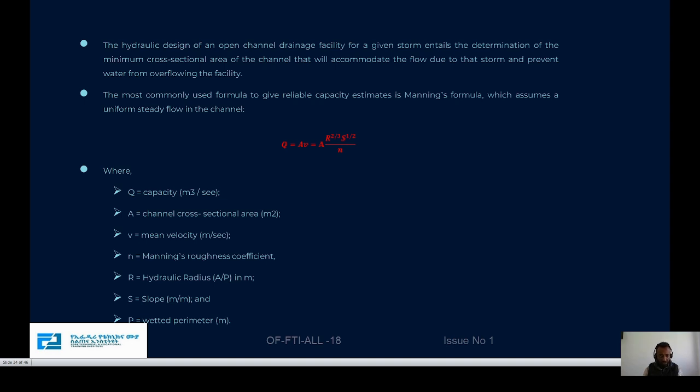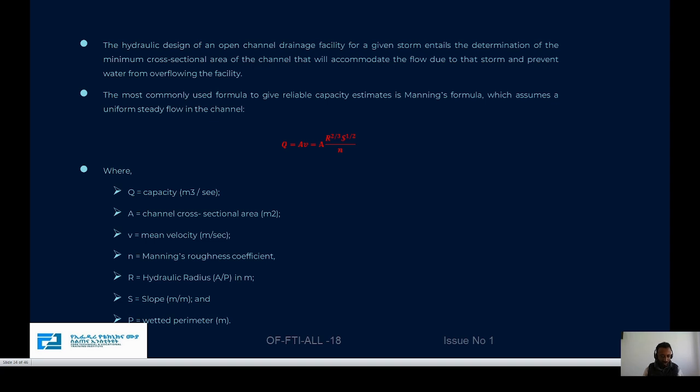For the hydraulic design of open channels, we first calculate the discharge. The discharge is Q equals A times V. A means the cross-sectional area; there are, for example, trapezoidal, rectangular, and circular types of open channels. This is multiplied by the mean velocity.